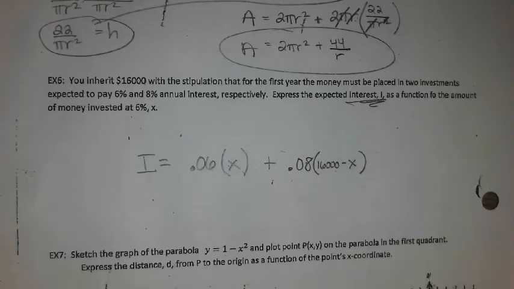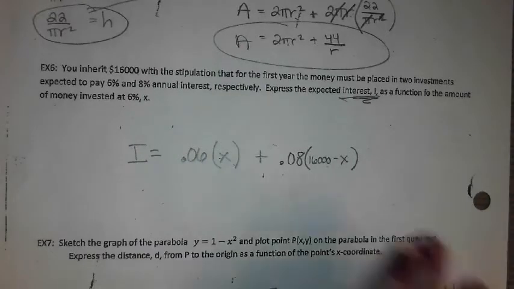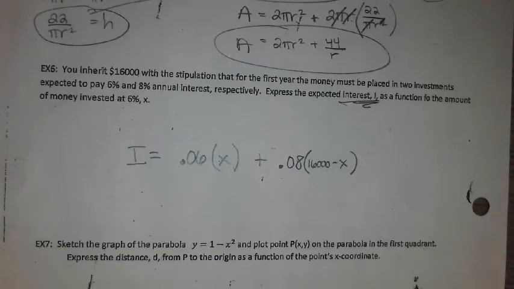Where would you put your money if you wanted to maximize your interest? Which account? The 8%, right? You would put as much as they would possibly let you into the 8% one, so all of it. Unless they really force you to use the 6% account, you can put a penny in there. But why wouldn't you put the majority of it in the 8% account? So there's not really much to maximizing that one because it's linear and it's pretty obvious what's going to maximize your profits. Does that make sense?